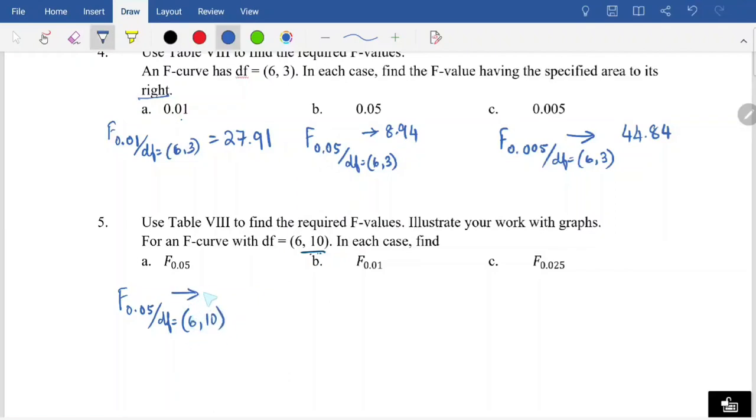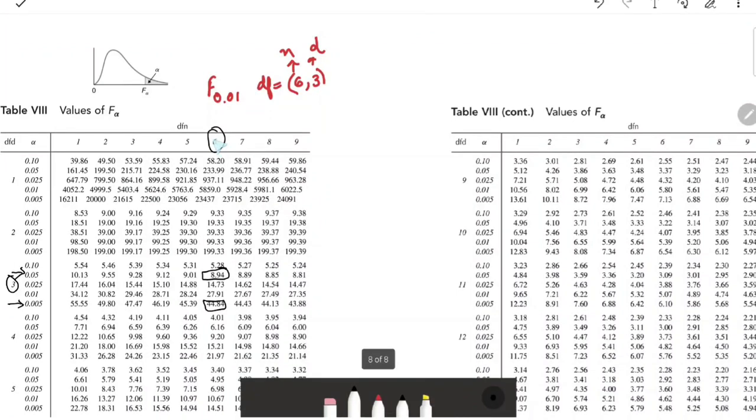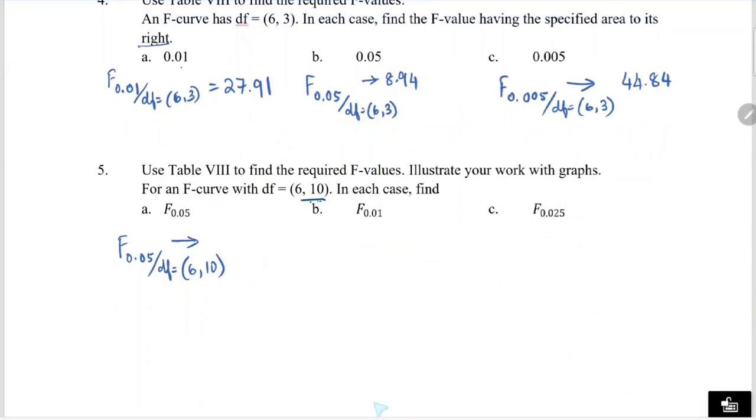First we look for 6, then we look for 10, and then 0.05. So we have our 6 here, right? But this time it's not 3 for the denominator, it was probably a 10, I forget, right? 6, 10.